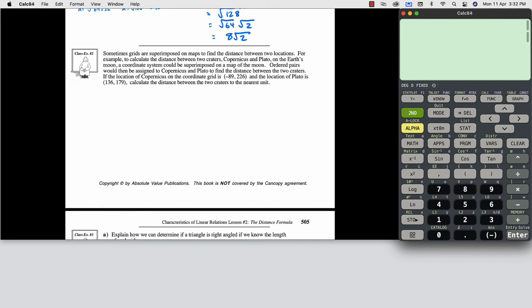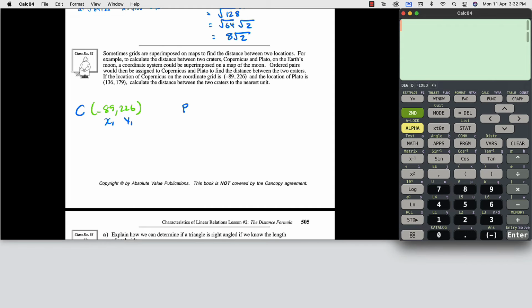So it says that we've got one of them at negative 89 and 226. Well, we'll call that x1 and y1. And does it say which one that is? Okay, this is Copernicus. That's how you pronounce it.